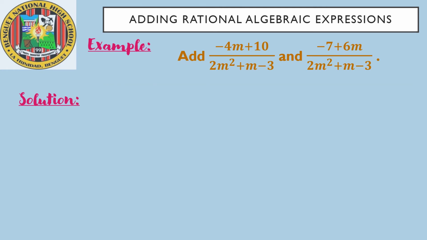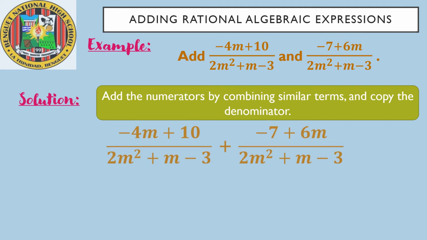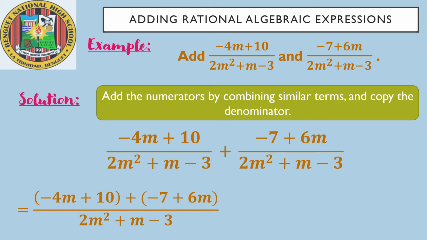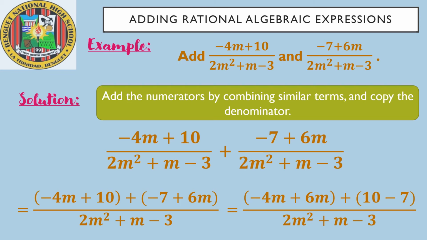We then add the numerators and copy the similar denominator. In this example, we add negative 4m plus 10 to negative 7 plus 6m, and then we copy the denominator. Combining the similar terms in our numerator, we have negative 4m plus 6m in one group and 10 minus 7 in another.